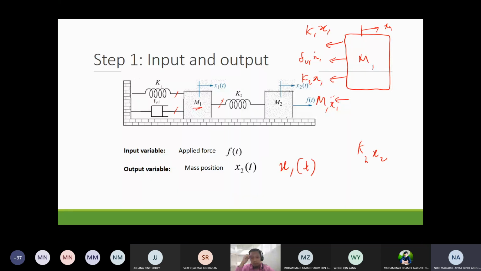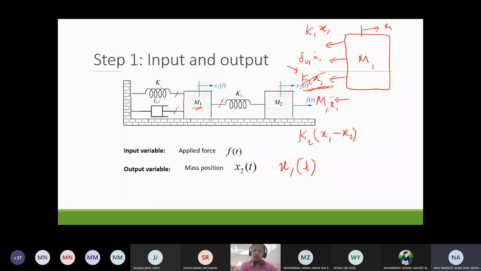So usually we can add it straight away here, because this is also K2. Instead of writing like this, you can add K2 times X1 minus X2, replacing this force here. Okay. But what I usually do is I split this force into two.